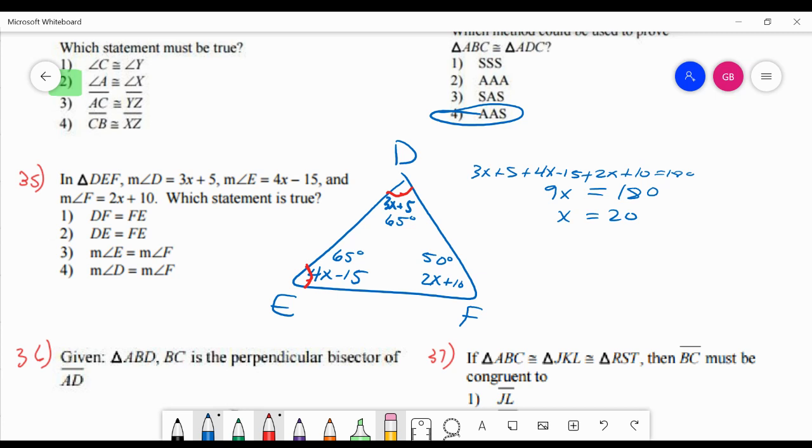Well, if the angles are the same, the sides opposite to them are also the same. So that means that EF is congruent to DF, or DF and FE are the same. So it's going to be option number 1, DF and FE.